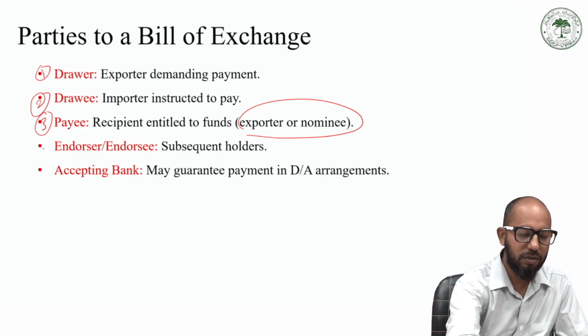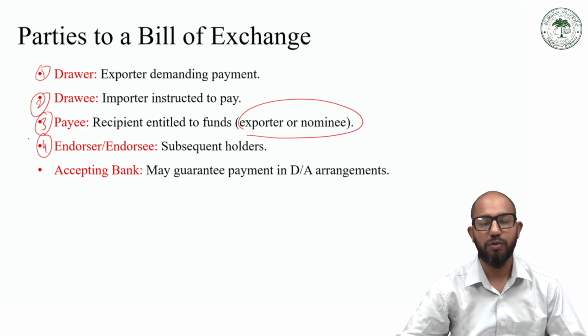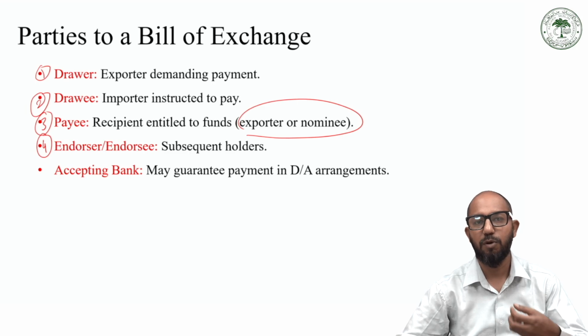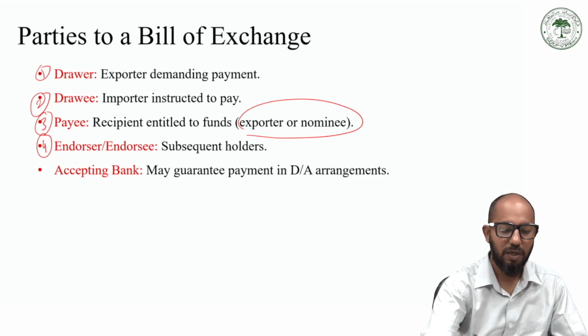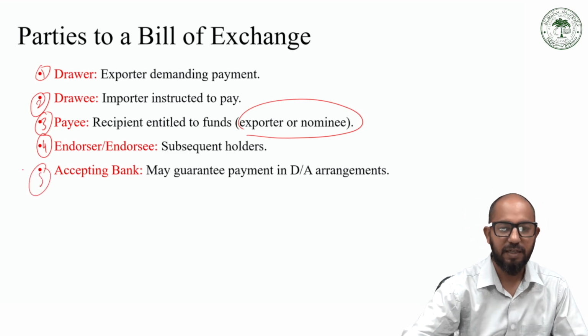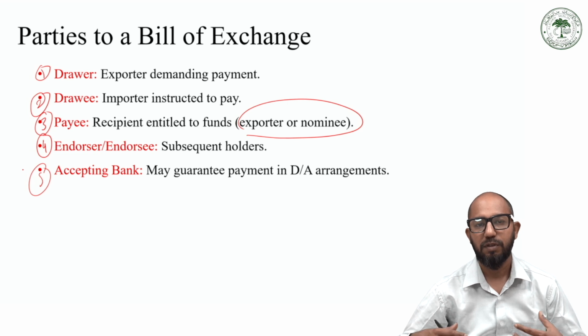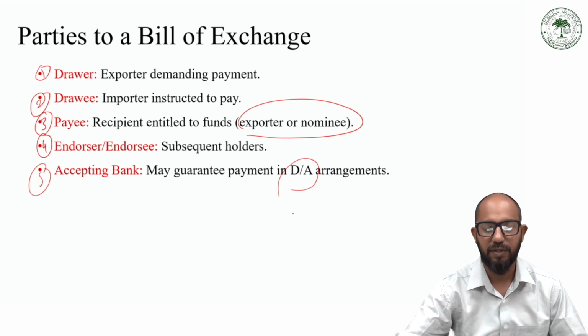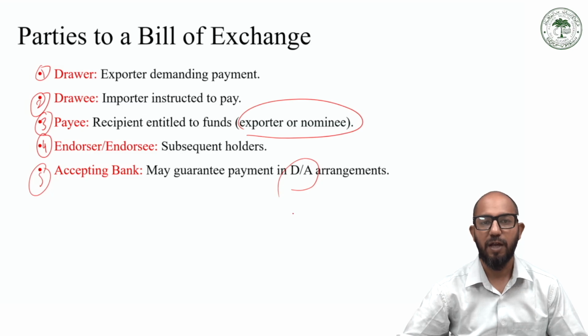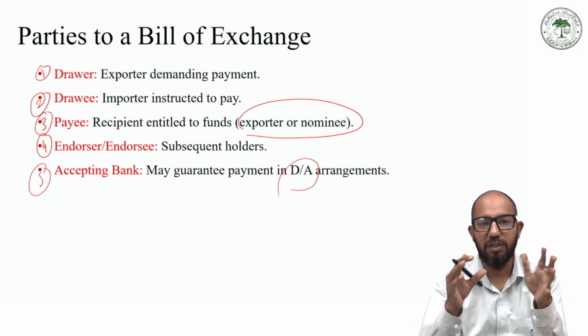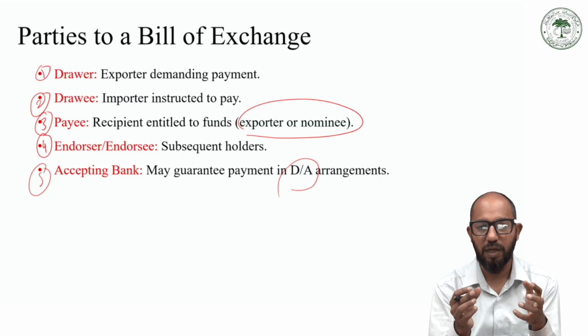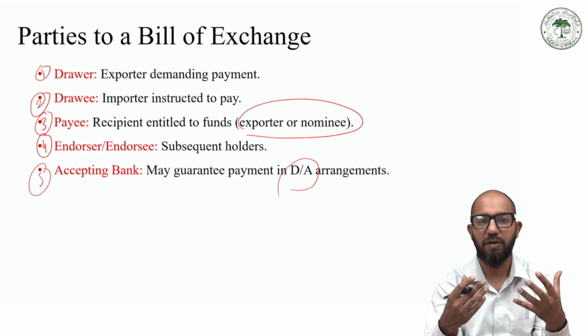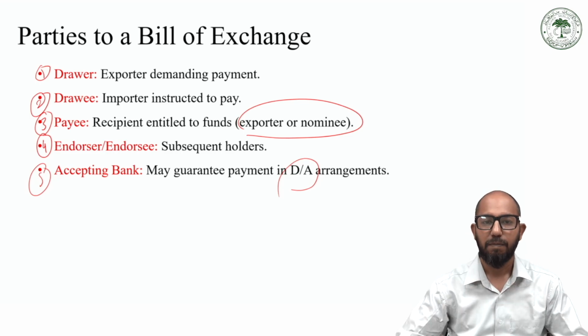The fourth is endorser or endorsee, that is the subsequent holders of the bill of exchange. And the fifth one is accepting bank, that is the bank which may guarantee payment in DA, that is acceptance conditions of the arrangements. So we can see all these parties are mutually coming together to facilitate trade with the help of this payment instrument, bill of exchange, and it is widely used in international trade.